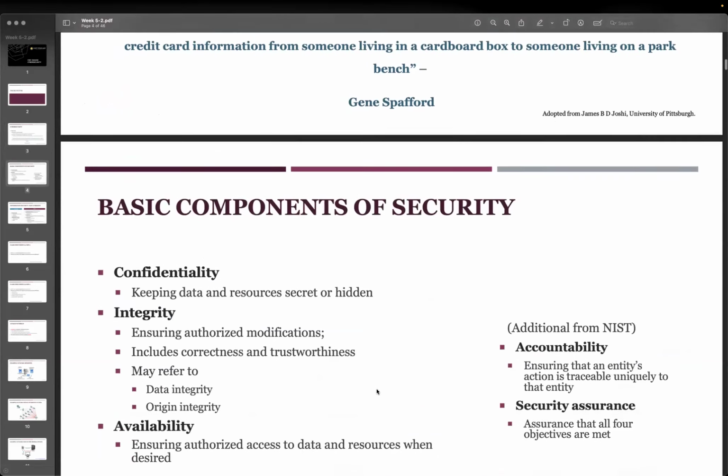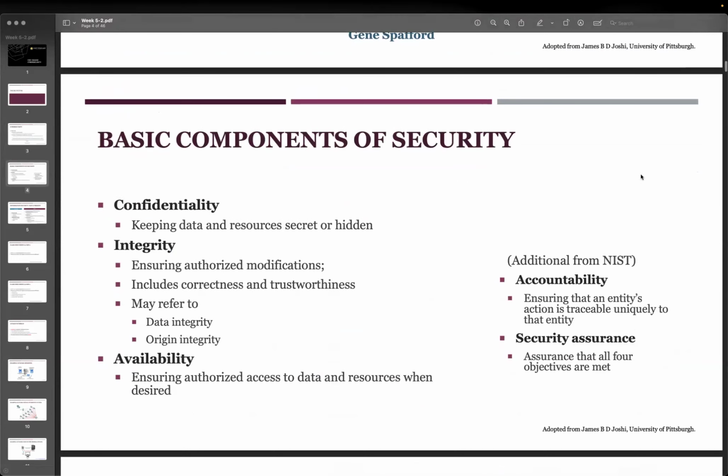The basic components of security are what we always talk about as CIA: confidentiality, integrity and availability. Confidentiality is about keeping data and resources secret or hidden. Later in the lab, I'll sometimes mention, for reading files, which category of CIA it belongs to.